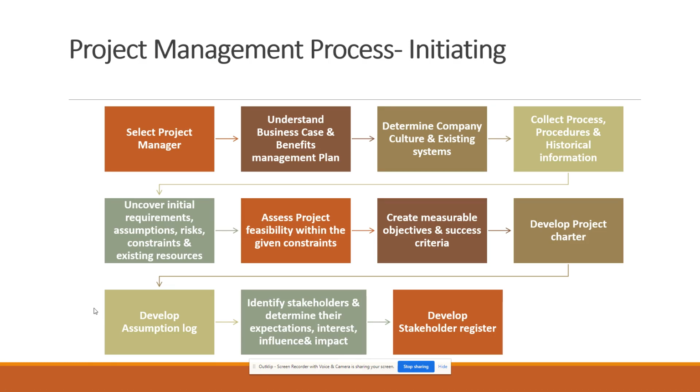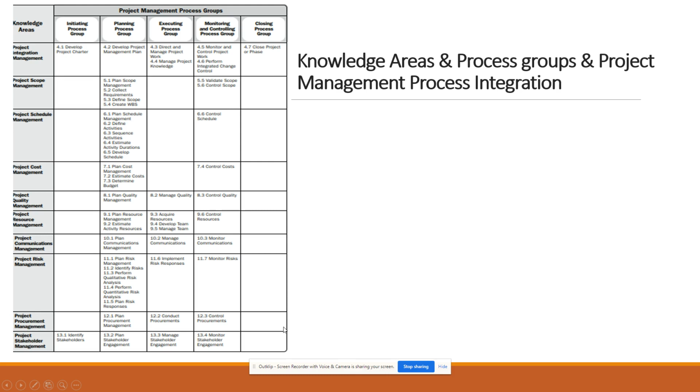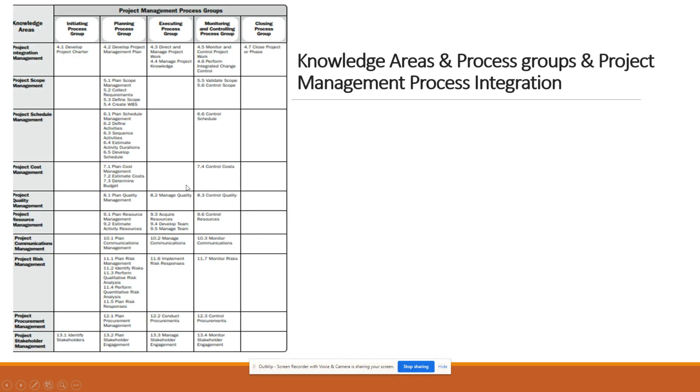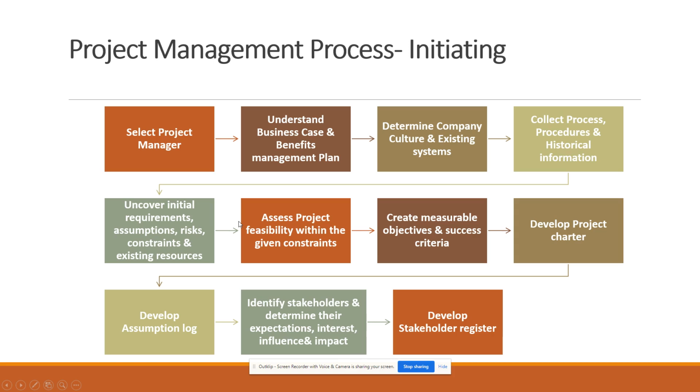Out of the 49 processes, in the initiating phase there are only two project management processes from this list, develop project charter and identify stakeholders. But these are the various activities you will do in the initiating phase.